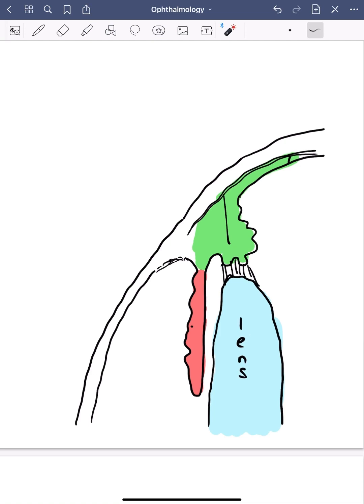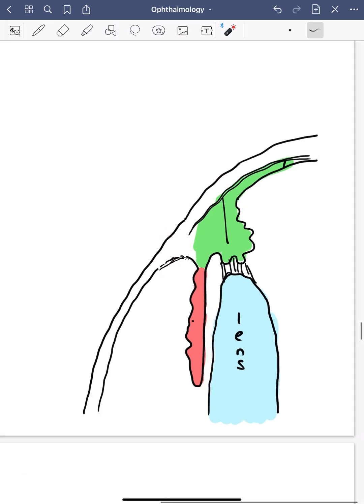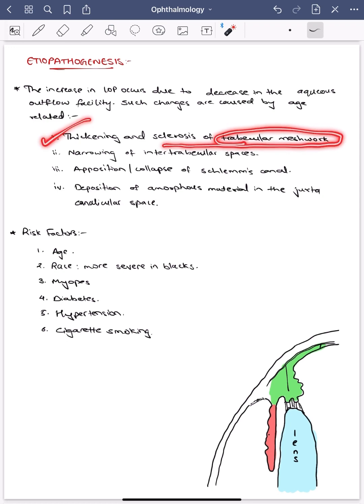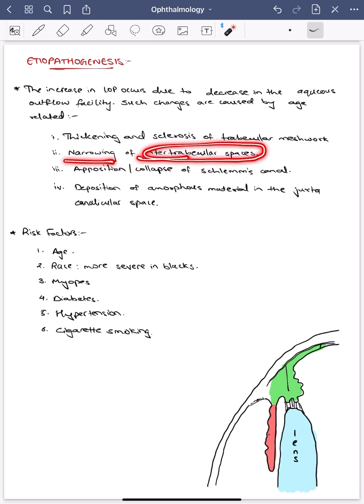So again, it is produced in the ciliary body, it flows through the posterior chamber into the anterior chamber, and it drains out through the trabecular meshwork, canal of Schlemm, and into the episcleral veins. Now, the changes in the outflow of aqueous humor are caused by age-related thickening and sclerosis of the trabecular meshwork, or narrowing of the intertrabecular spaces, apposition or collapse of the Schlemm's canal, and deposition of amorphous material in the juxtacanalicular spaces.